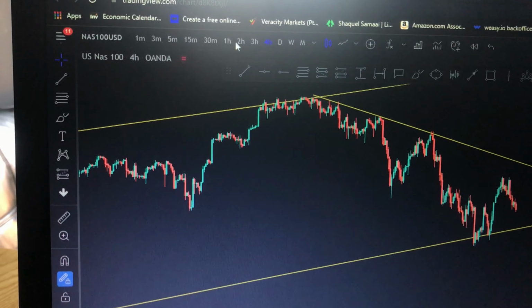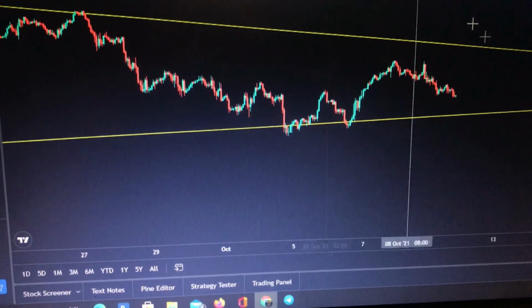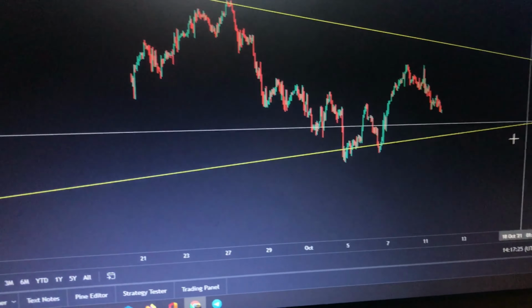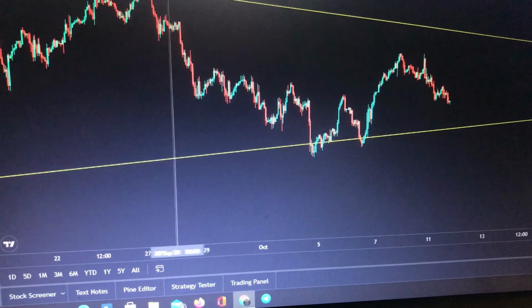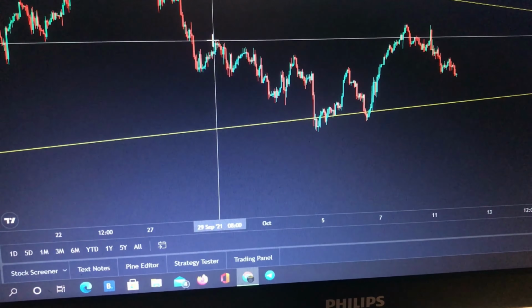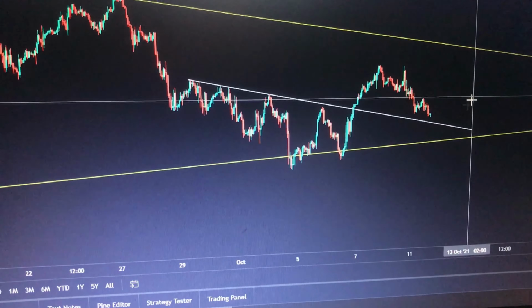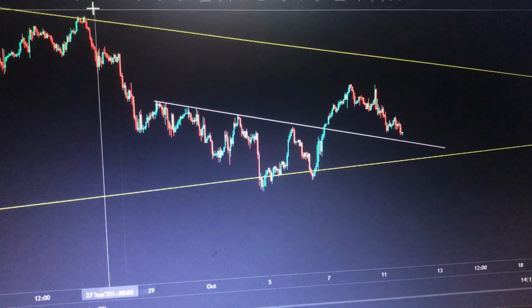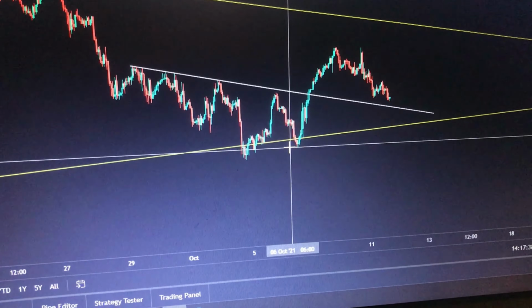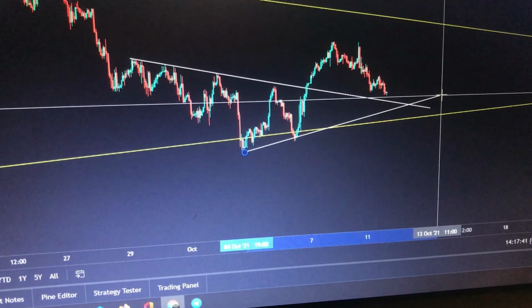We went down to the 1 hour, and if you go down to the 1 hour, you'll see another structure over here. That is quite interesting. You can see this here, that is another counter trend, and then we have another little trend line that we can pull out from here to here.